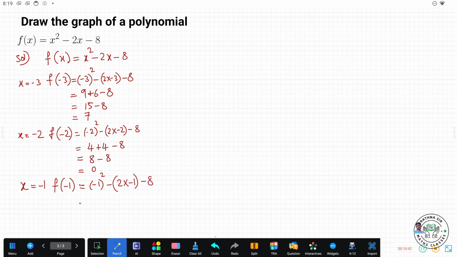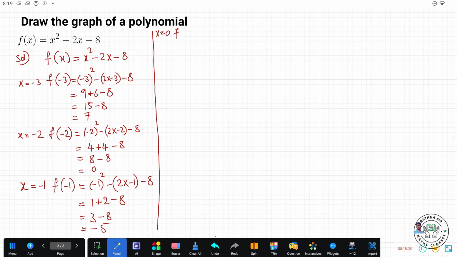So minus 1 square is 1, minus into minus plus, 2 ones are 2, minus 8. Okay, so 1 plus 2 is 3. 3 minus 8, we get minus 5, right? So next we will take x is equal to 0.